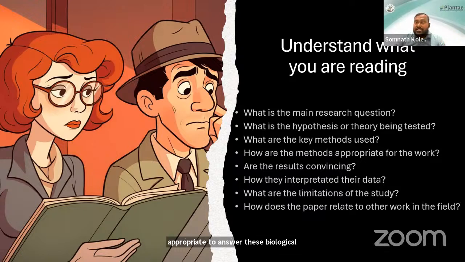Then coming to the results section, you need to think about whether the results and final outcome are convincing or well supported by the data, and how this study fits into the broader research area. So this kind of critical reading is essential in a PhD. You are not just learning facts, you are learning how to ask the right questions and how to explore them through various approaches, various experiments.